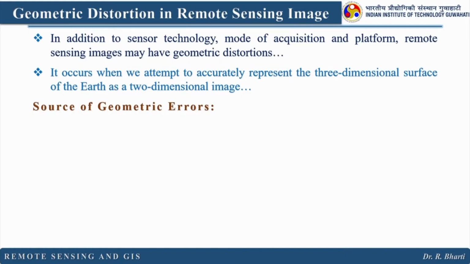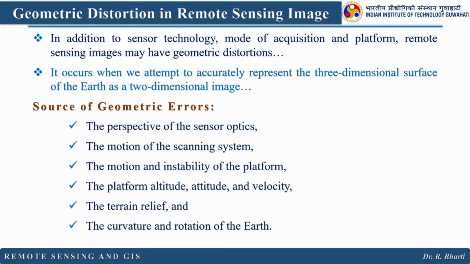So, what are the sources of geometric error? The first one is the perspective of sensor optics, whether the optics are aligned properly or not. Next is the motion of the scanning system. In the case of satellite images, whether the satellites are moving at their predefined velocity or it is changing with time, right.